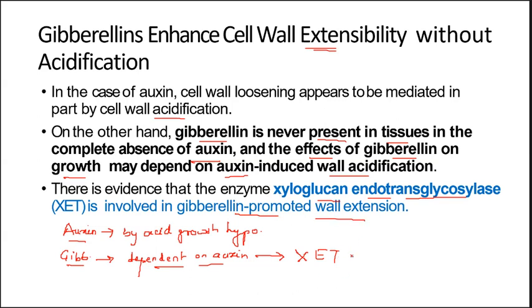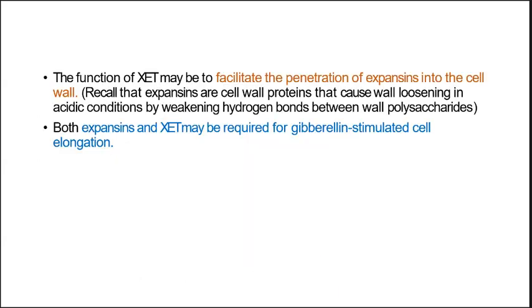Okay, so gibberellin promotes the synthesis of Z enzyme. This Z enzyme helps to penetrate the expansin into the cell wall. Expansin, we remember, we studied in auxin cell wall loosening, which weakens the hydrogen bond in the polysaccharide layer.